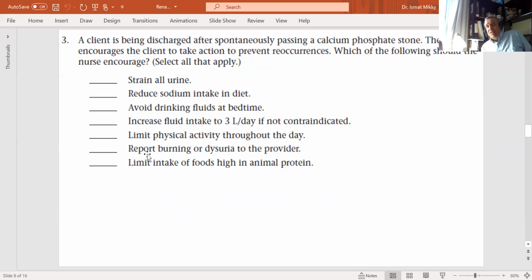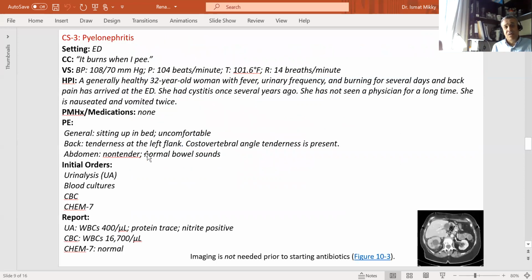All of these measures should be encouraged by the nurse. The rest of the interventions will not prevent the recurrence of the calcium phosphate stone formation.